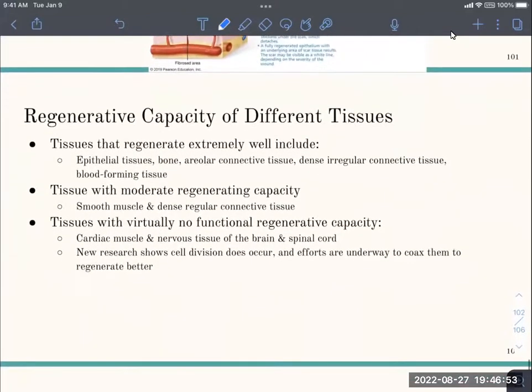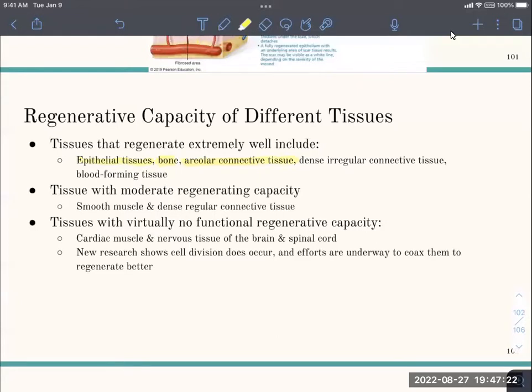So different tissues are really good at regenerating, while other tissues cannot regenerate. The tissues that are the best at regenerating are your epithelial tissues. They have to. Your skin is constantly being regenerated. Bone is constantly being broken down and remade. That areolar connective tissue that sits underneath your skin in the dermis, that's constantly being replaced.